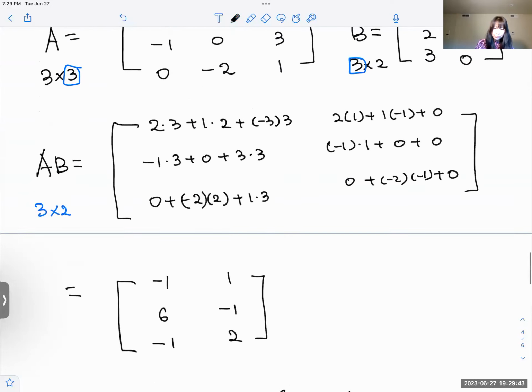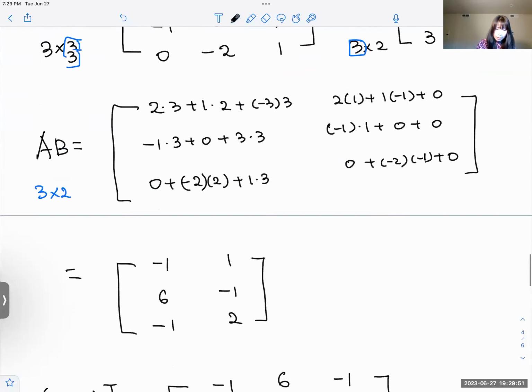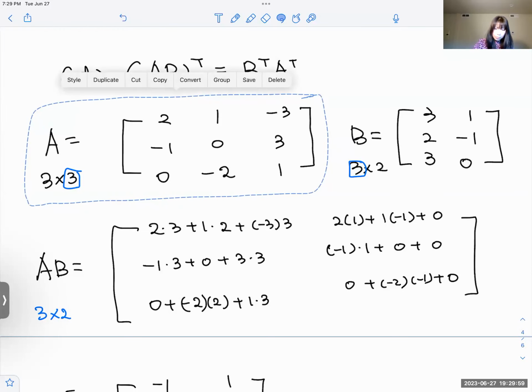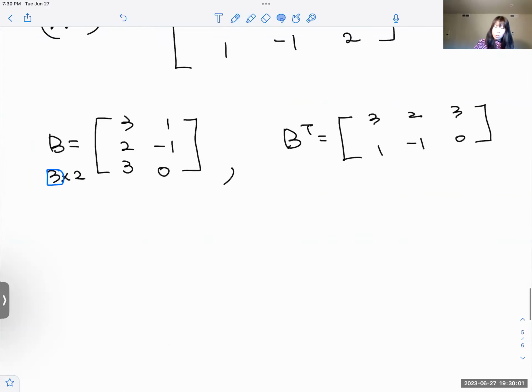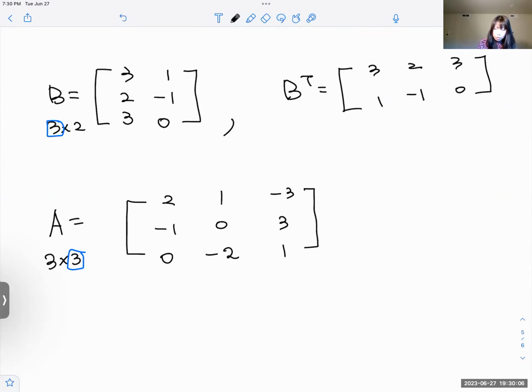Now the transpose of A. I need A. Okay, so A is that, and the transpose of A is 2, 1, negative 3, negative 1, 0, 3, 0, negative 2, 1.